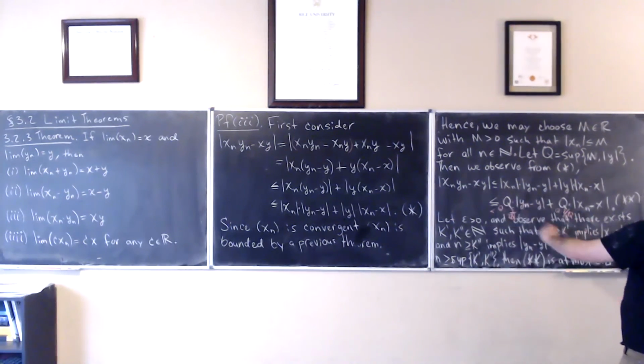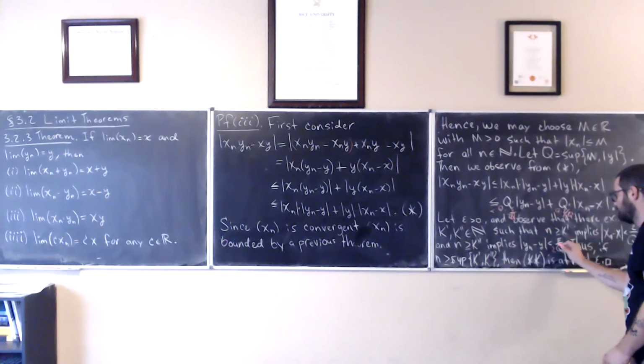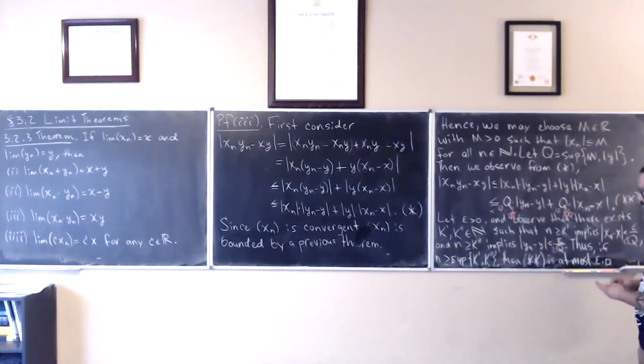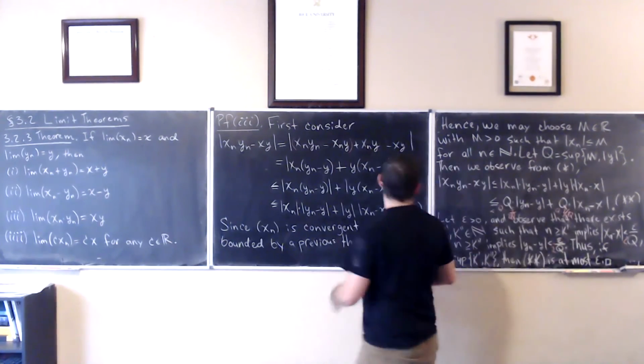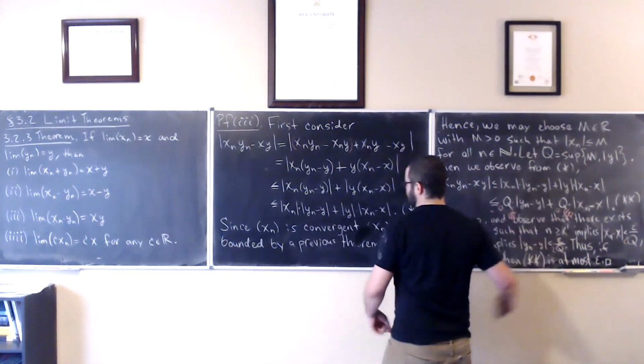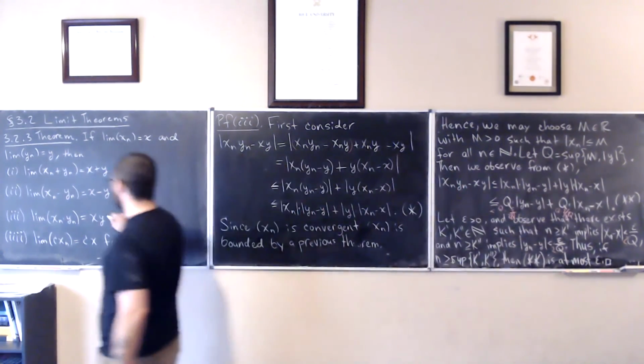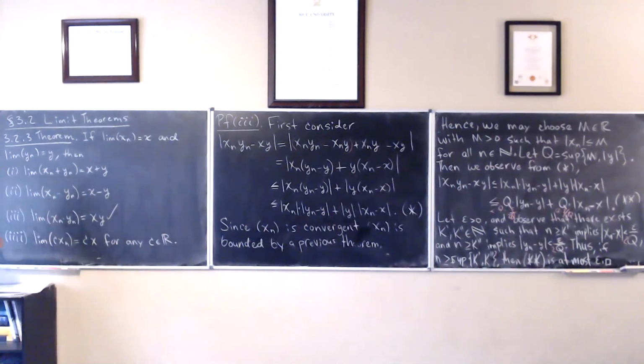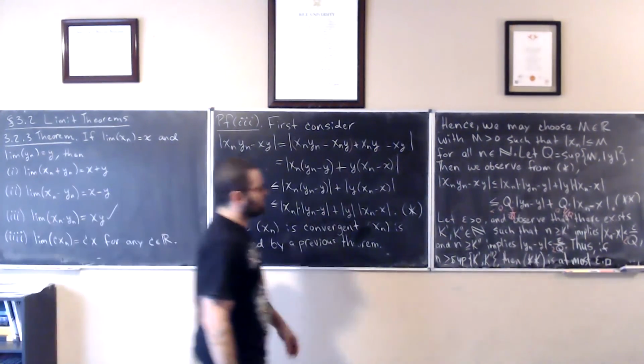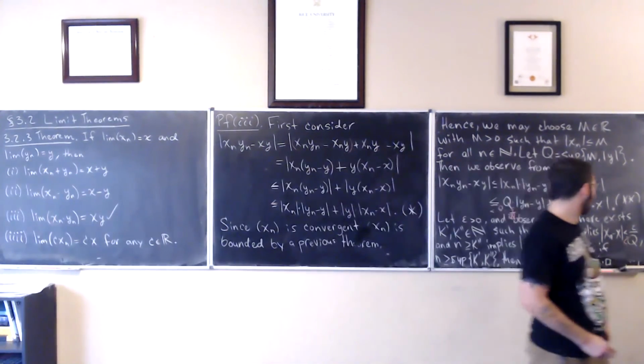The q's would divide out, and you'd have epsilon over 2, epsilon over 2. And then they would add up to the epsilon, which would mean that that's at most epsilon, which shows convergence, which means that we've proven that. Okay, so that proves part 3.